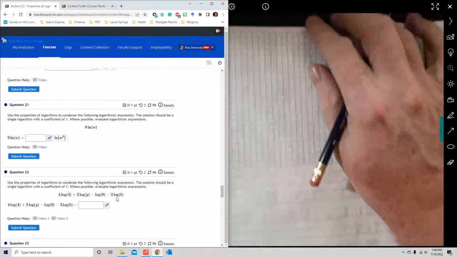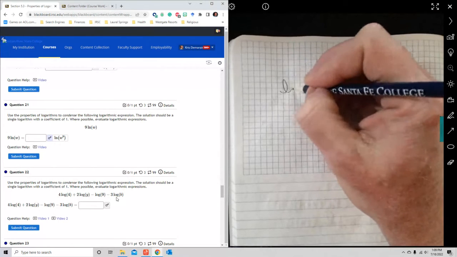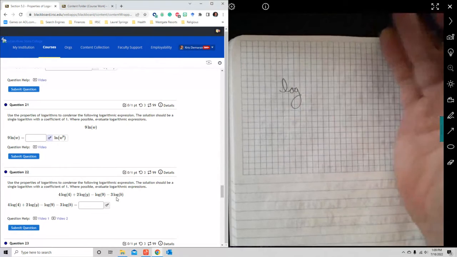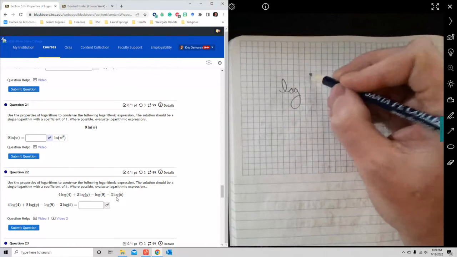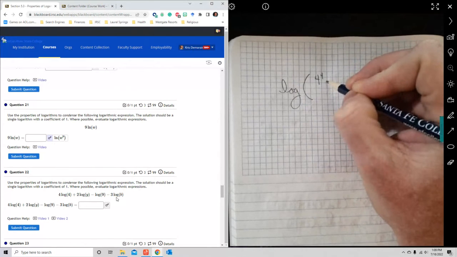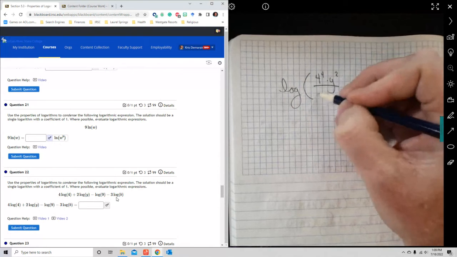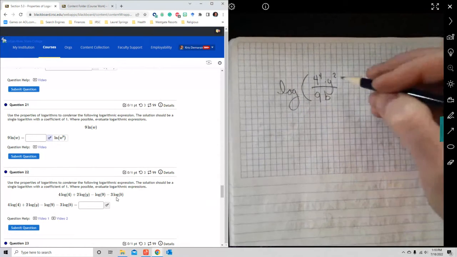So I'm going to start this out by just doing log, and it's base 4 already. I mean, it's not base 4. I mean, common log, log base 10. So all I'm going to do is open parentheses and put 4 to the 4th power times y to the 2nd, all divided by 9 times b.